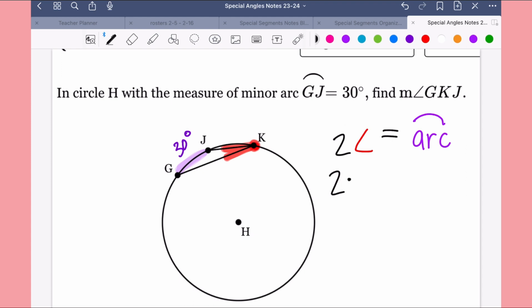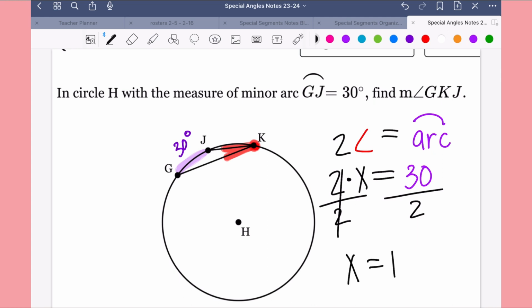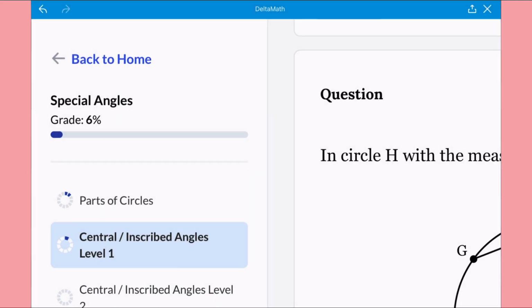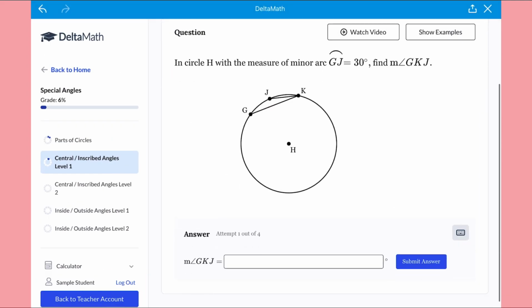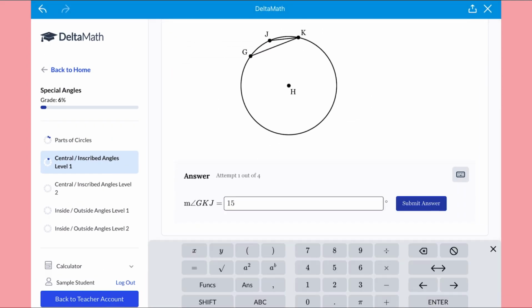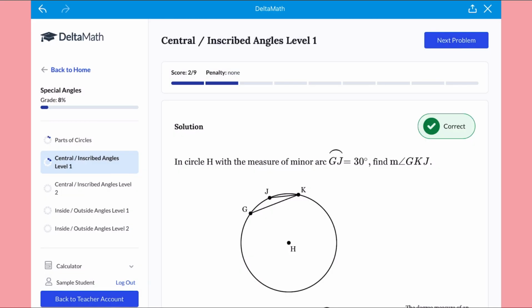I don't know my angle, so what do I put? X. And my arc is 30. Okay. So then you just do your algebra. The opposite of multiplying is dividing. Cancel. Half of 30 is 15. So my angle should be 15 degrees. All right. 15. And that is correct.